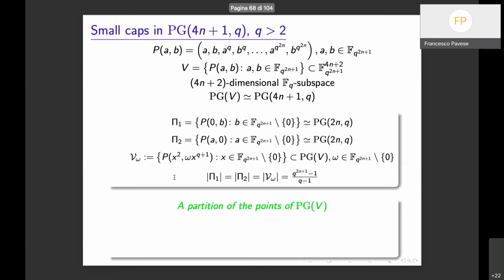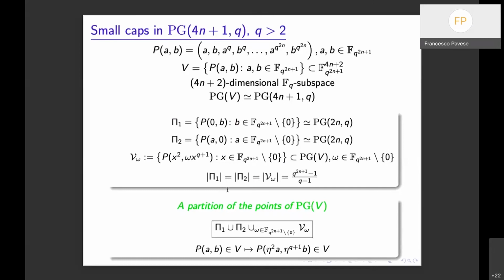This partition is left invariant by a cyclic group having the same order as the number of points of pi1 and acting semi-regularly on points of the projective space.